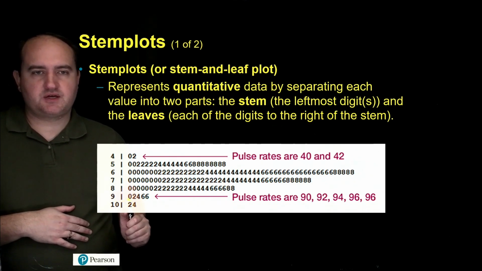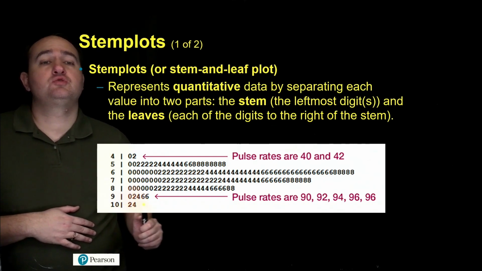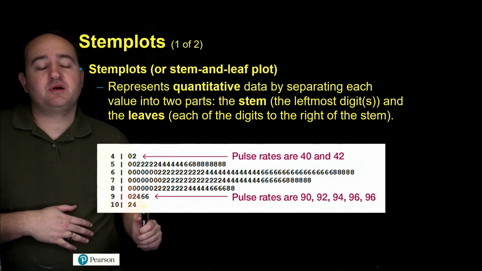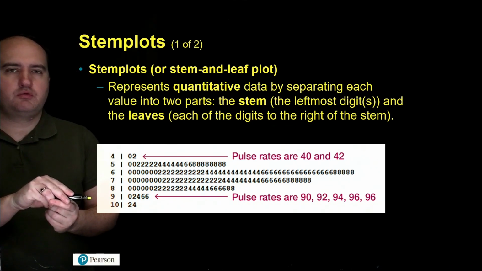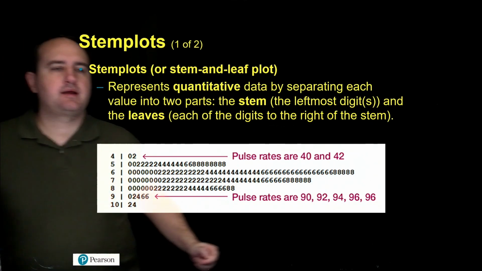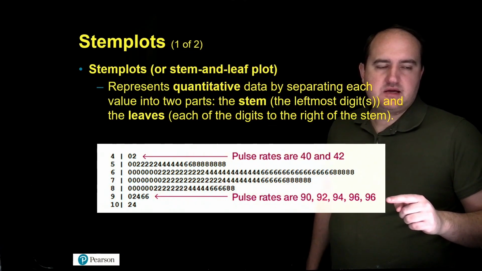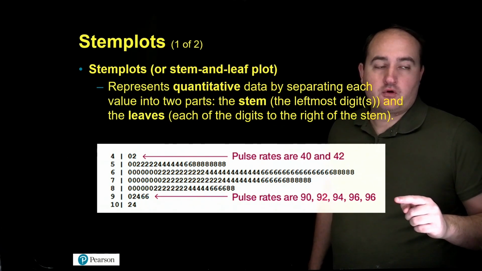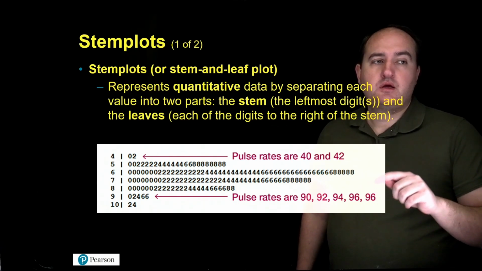The first leaf tells us we have a data value of 90, the second 92, then 94, and then 96 and 96. That means there are 2 data values of 96. So just out of that row for 9, we got pulse rates of 90, 92, 94, and because there were 2 6s, we got 96 twice.